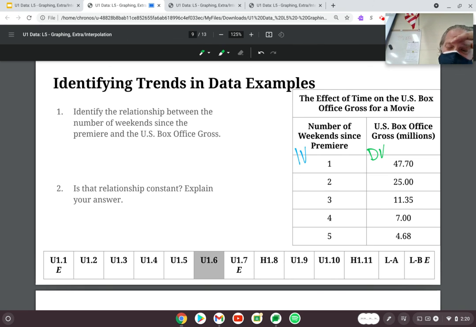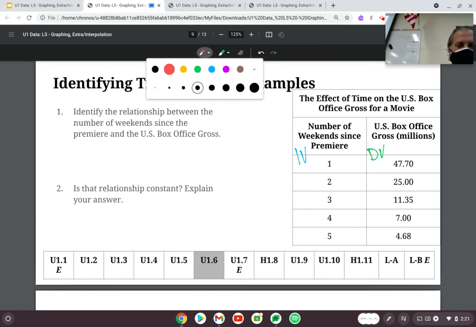I'm going to analyze it and see that the number of weeks since the premiere of this box office blowout is increasing by one. So it's 1, 2, 3, 4, 5. So it's been like 5 weeks. It's been a month and a week since the movie came out. But it looks like the number of millions of revenue generated from this particular movie has decreased. So our relationship here would be exactly that.